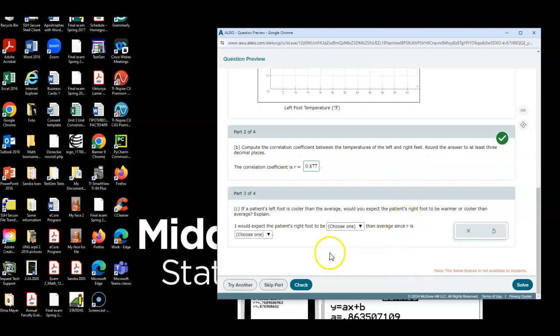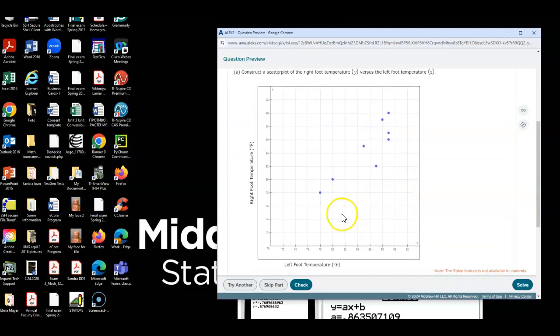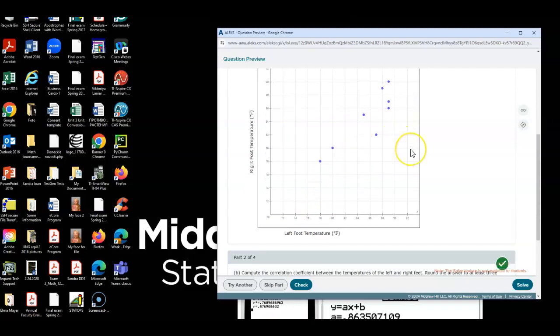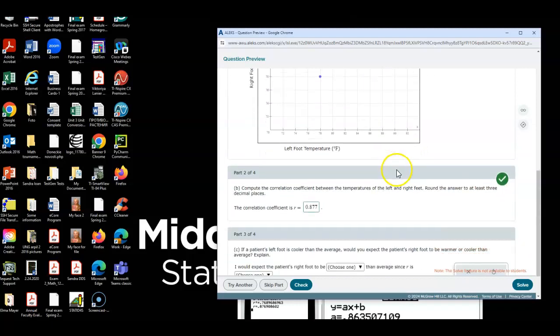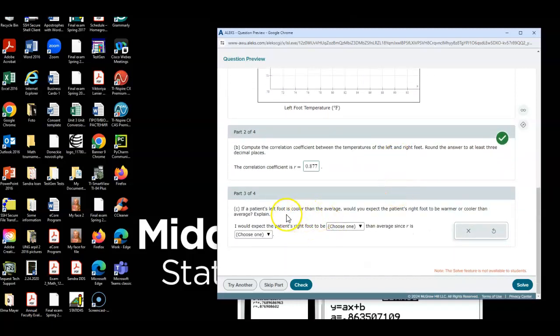If a patient's left foot is cooler than the average, would you expect the patient's right foot to be warmer or cooler than the average? Let's look at this correlation. You see, if the left foot is cooler, the right foot is cooler. This is an increasing function, which means that smaller values of x give smaller values of y, and smaller values correspond to lower temperature, or a cooler left foot.